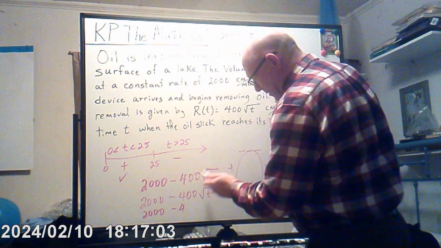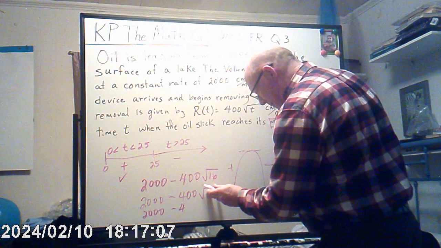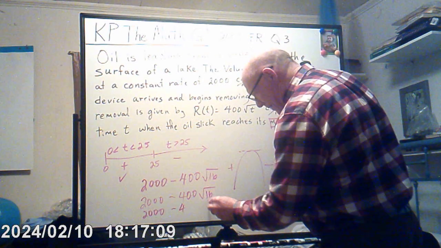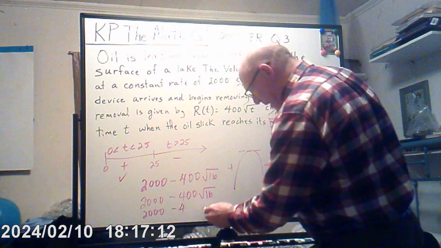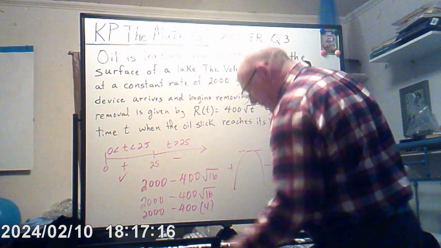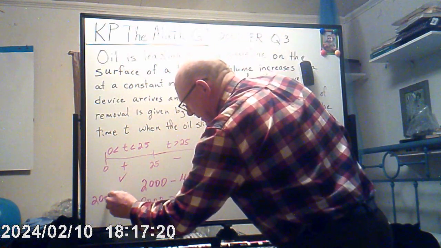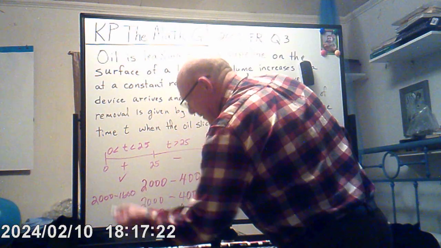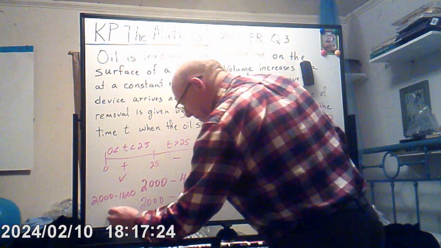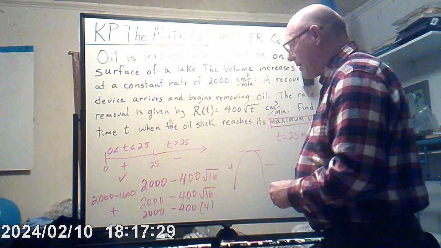If we tried 16 here, again, 400 times 4. This is times 4 now, and that's still 1600. So 2,000 minus 1,600. Okay, that is certainly positive, isn't it? I was wondering what happened there.